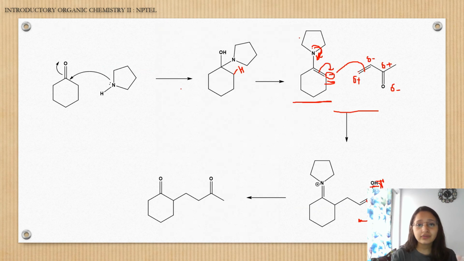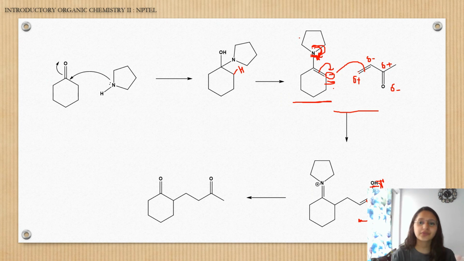So if you agree, the nitrogen has the lone pair of electrons, so it can come down and stabilize this particular carbon ion which is getting generated. So there is conjugation between the double bond and the lone pair of electrons. That is why we are saying that it is a soft nucleophile, and that it is going to give you a 1,4 addition rather than the 1,2 addition. I hope it is clear.